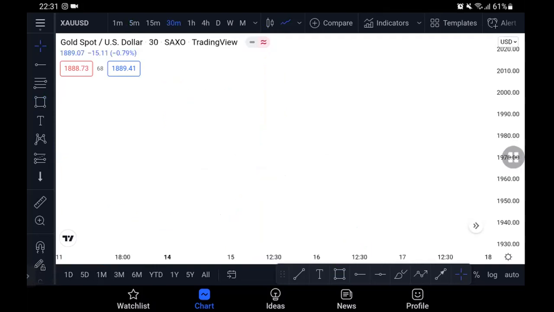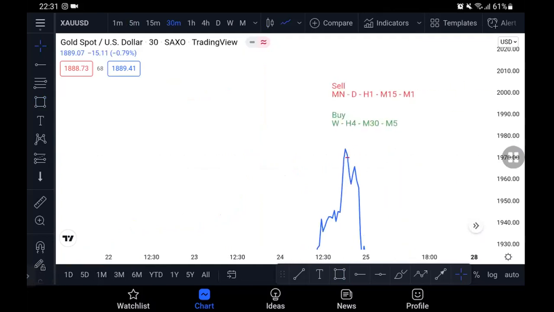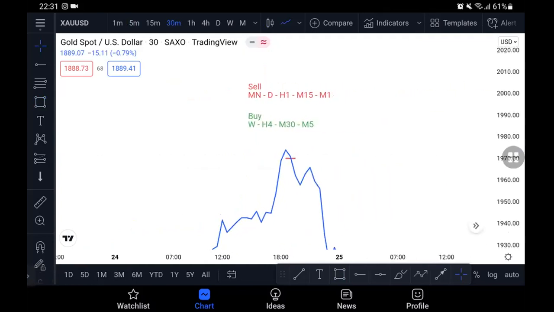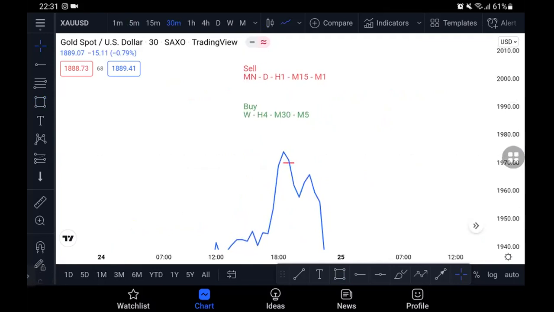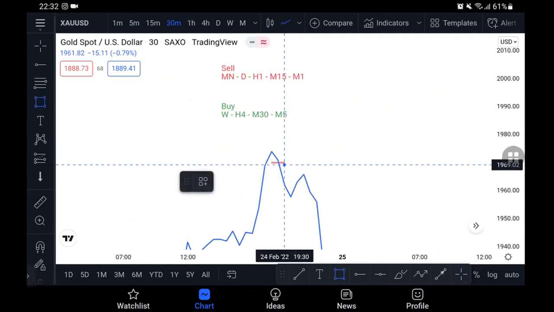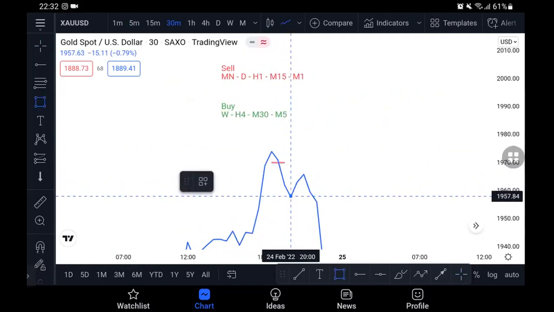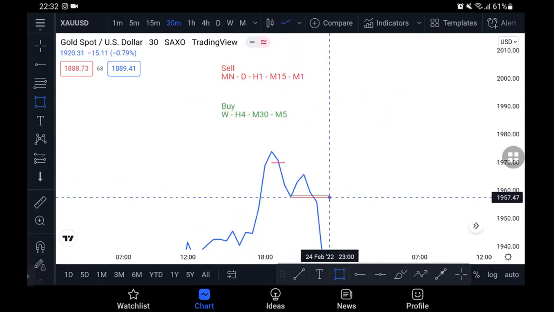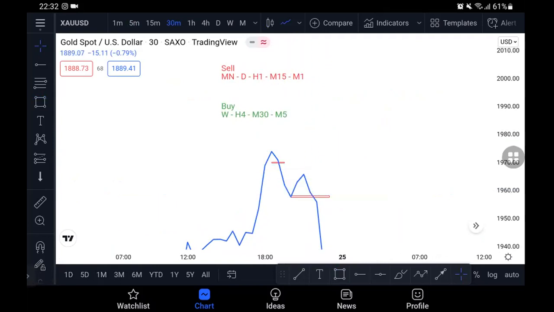So let's see at M30. Okay, yeah, M30 breakout happened over here. A bit late, but this is how they got their entry.